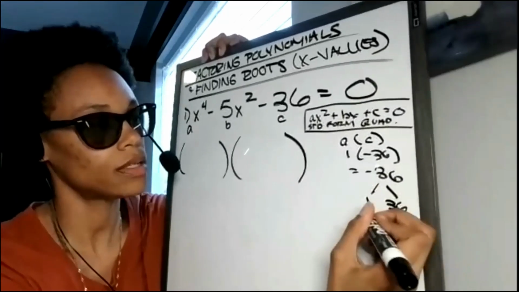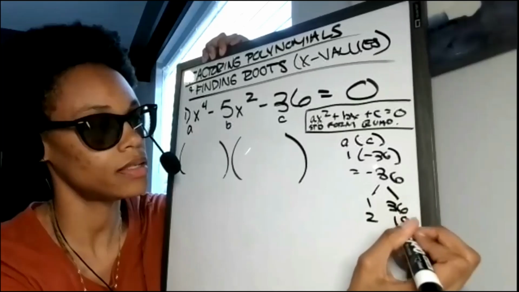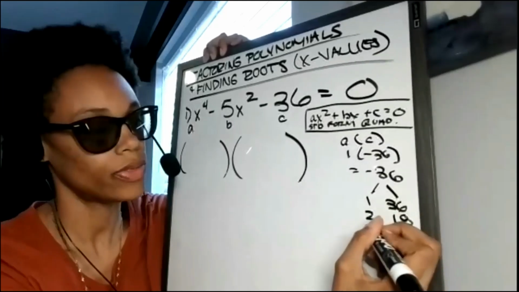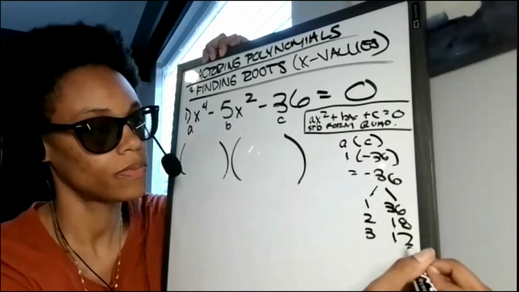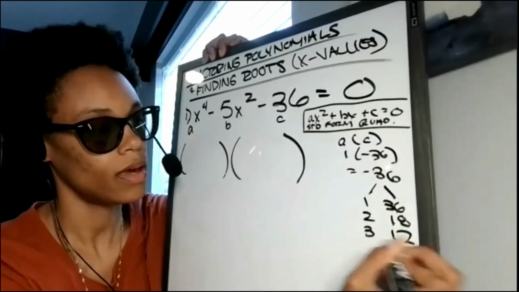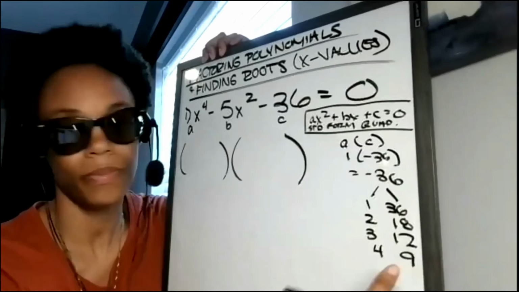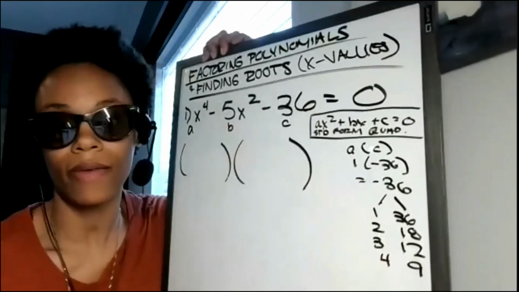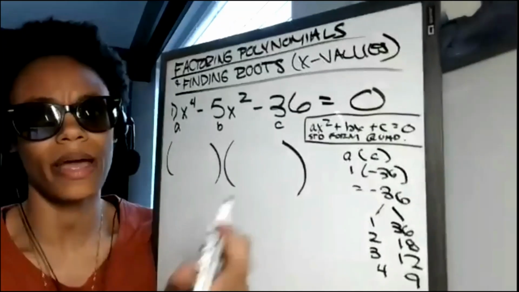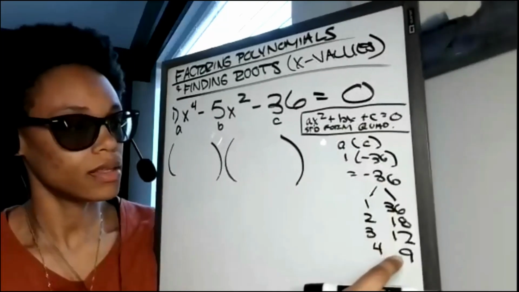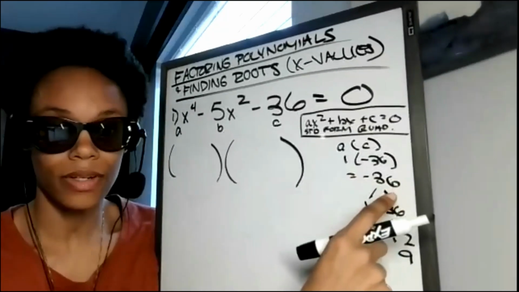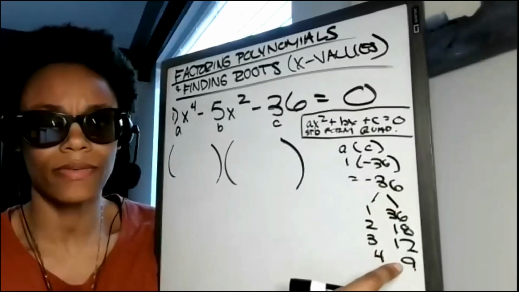So here, let's list out the factors of 36. 1 and 36, 2 and 18, 3 and 12, 4 and 9, and boom. 4 and 9 could give me 5. Which needs to be positive, which needs to be negative to get negative 5? Because again, these factors multiply to negative 36, so one of them is negative.